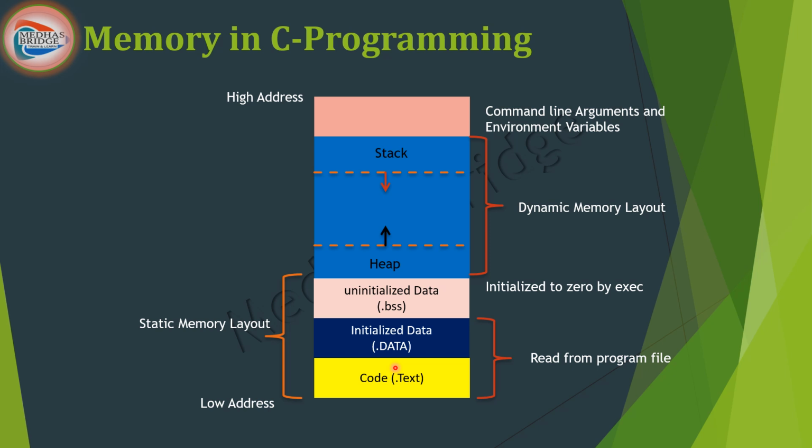Based on the scope and visibility, we are going to use them. Like we use stack variables, static variables, uninitialized variables, and constant variables, also known as read-only variables. Our storage classes, one way or other, refer to these sections.